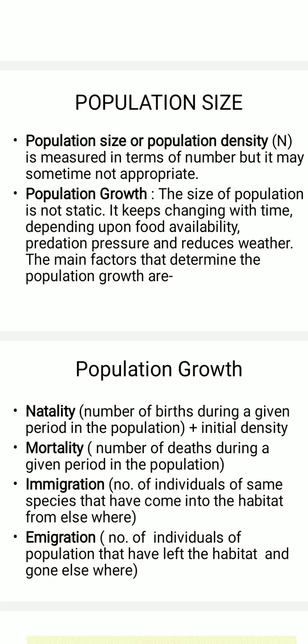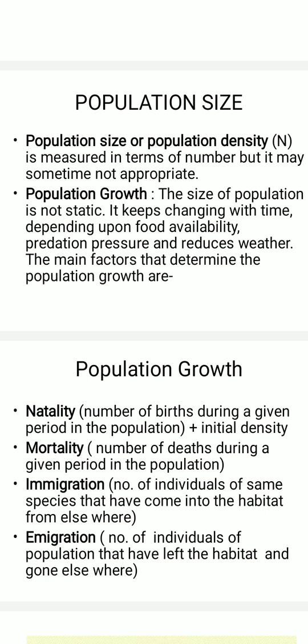Whether the population survives flourishing or declining, based on that some fluctuations in the changes, four different processes are considered here with respect to population growth. Natality, the number of births during a given period of time in a population, plus initial density also considered here. So what is natality? Roughly we'll call it birth rate. The number of births of the individuals during a given period of time in a given population, plus it includes the initial density of the population also, because an already existing group of population is there.